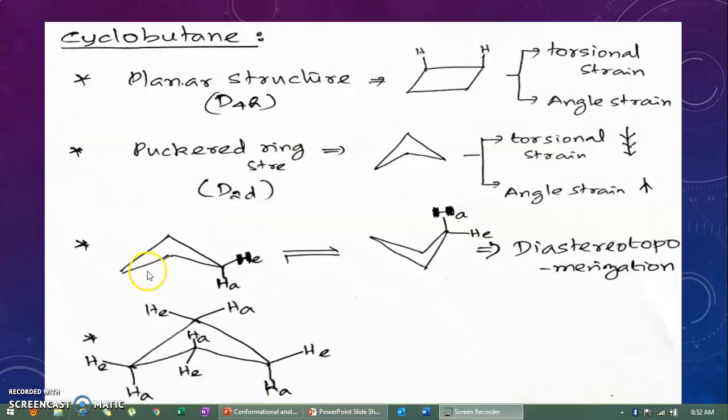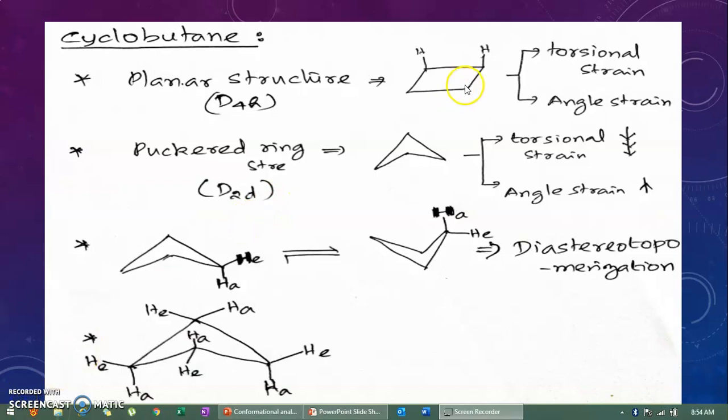Let's start with the molecule cyclobutane. If cyclobutane exists in a planar structure, the point group of the planar structure is D4h. In the planar structure, the hydrogens above the plane exist in the eclipsed form. Similarly, the hydrogens below the plane also exist in the eclipsed form. So between the adjacent C-H bonds we have eclipsed strain.